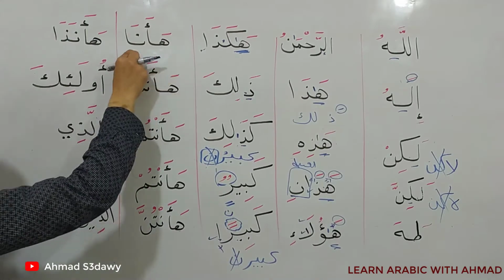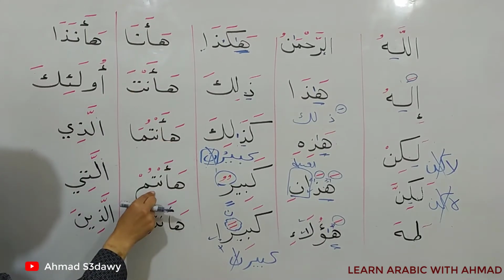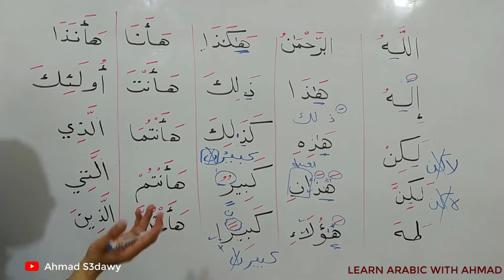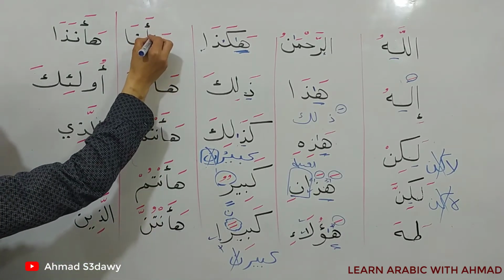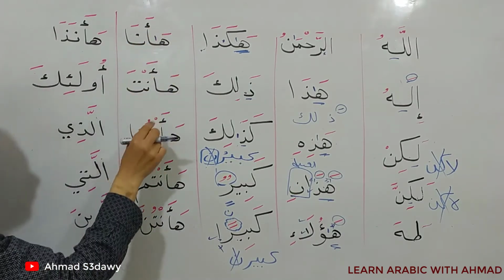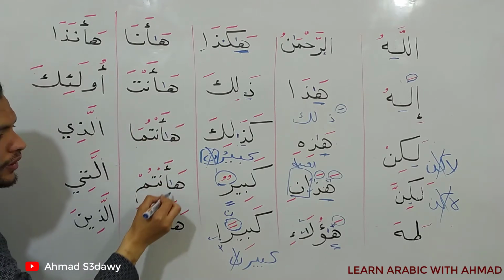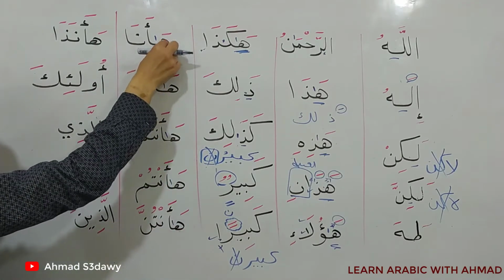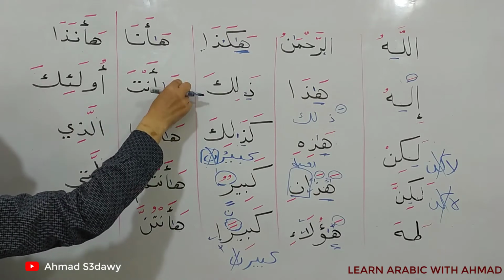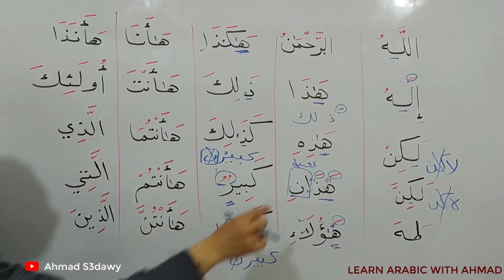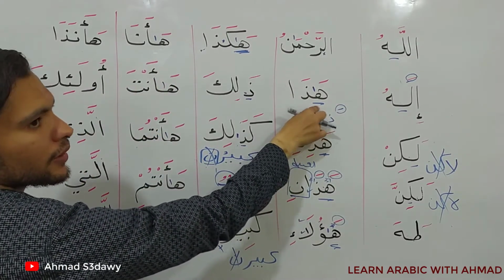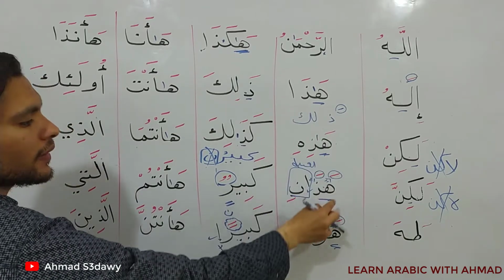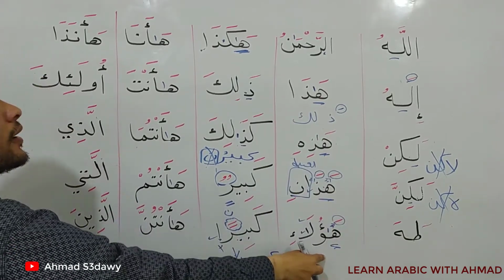Here you will pronounce all these words as if there is actually a letter alif, a long vowel alif, after the ha, okay? And you have to lengthen the sound of the fatha on the ha, just like we did here, with hadha, hadhihi, hadhan, haula.